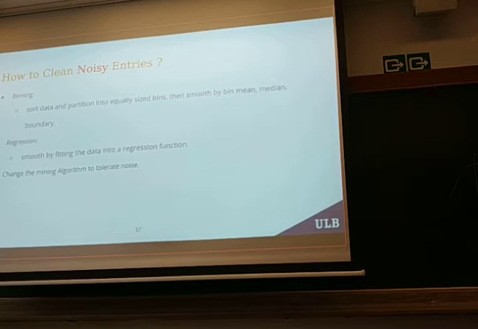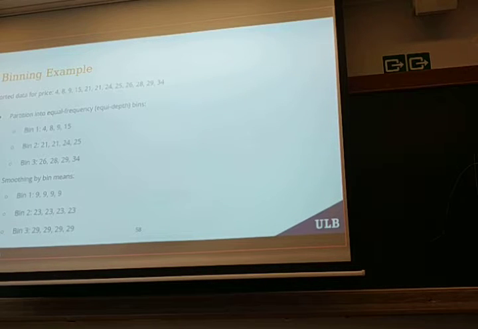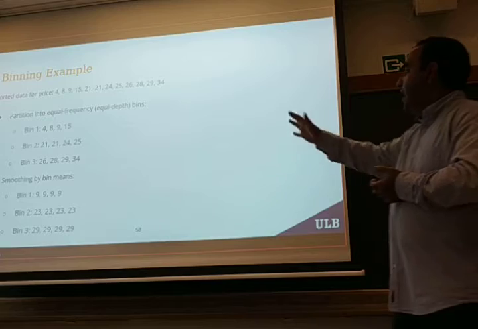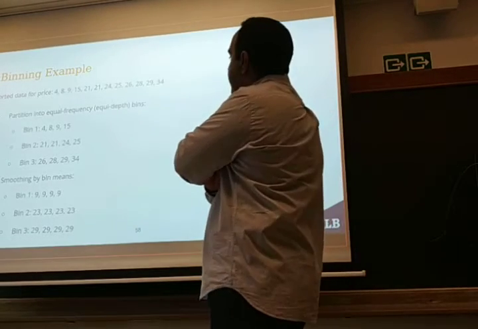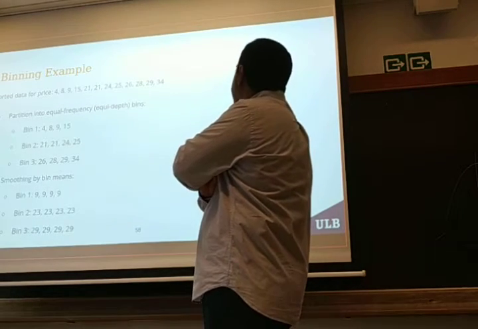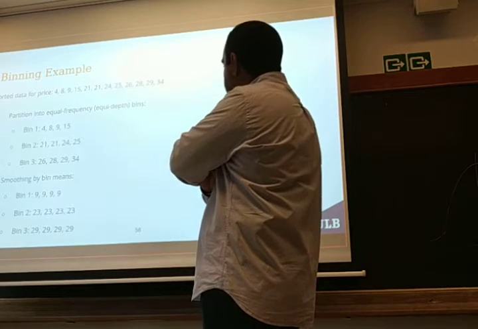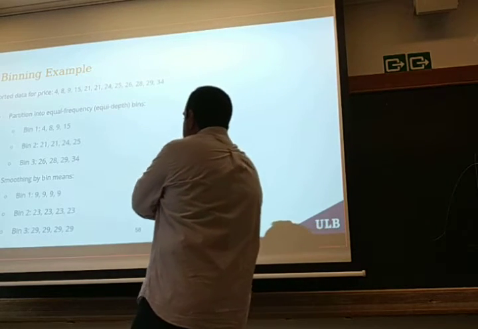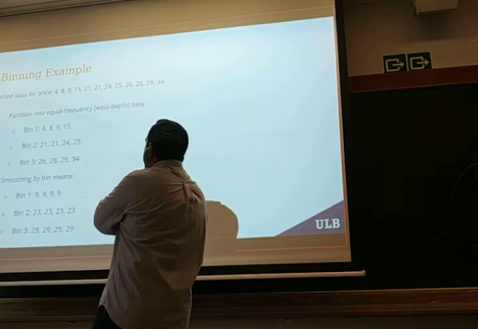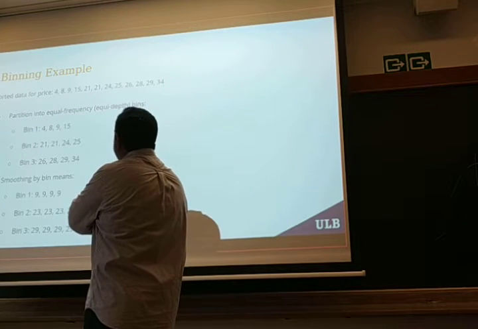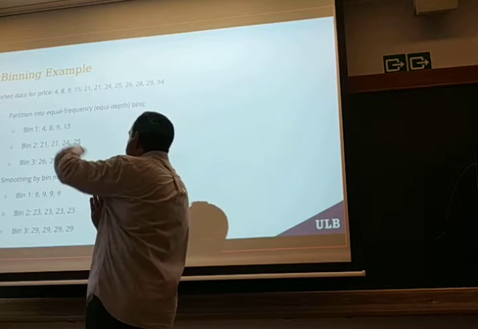Let's look at an example and then return here. So, for example, we have this data for the price until 34. We partition into 3 bins, equal frequency. This is equi-depth.